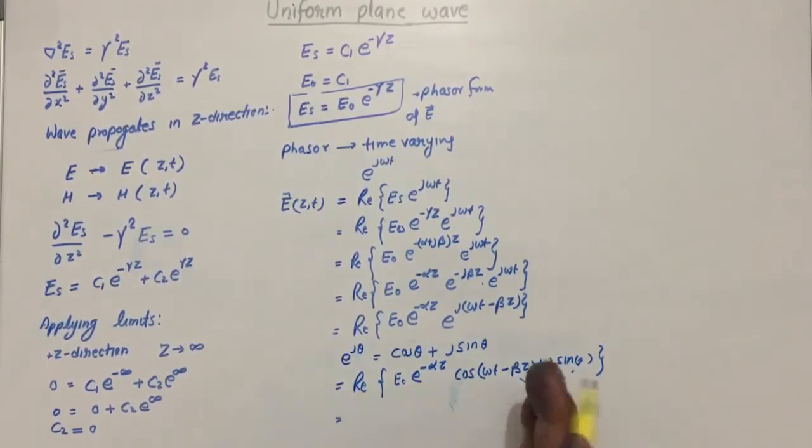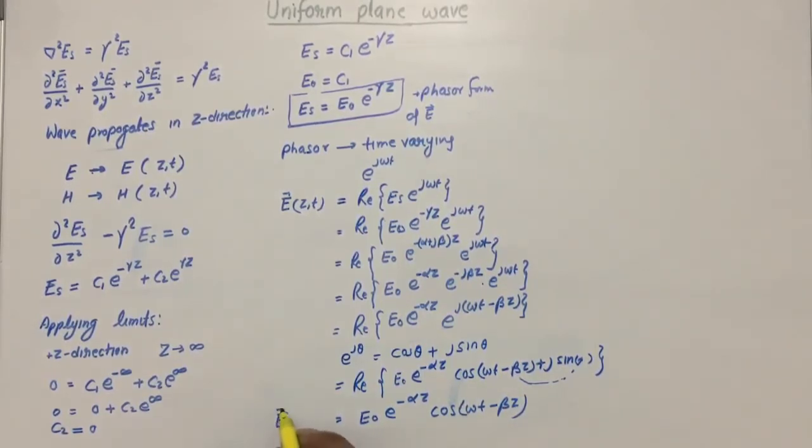And if we take the real part of this, then it will be E naught e to the power minus alpha z times cos of (omega t minus beta z).